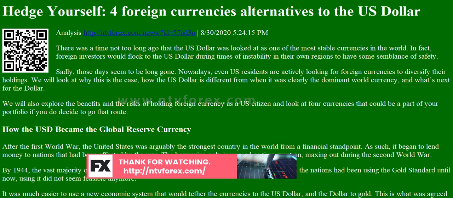The share of the USD has been declining as a foreign reserve currency, whereas the renminbi has been rising.